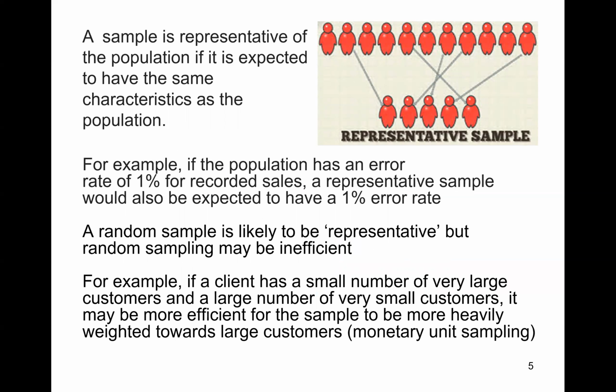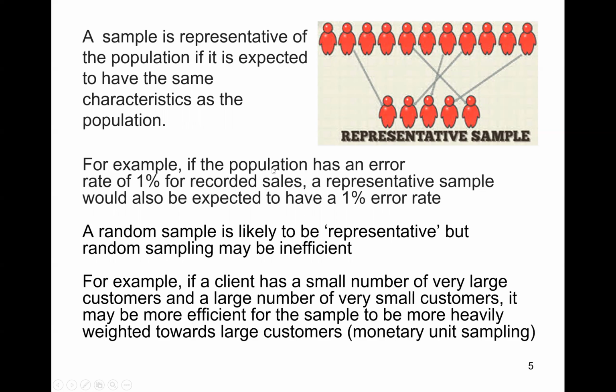Now, what do we mean by a representative sample? Well, a sample is representative of the population if it's expected to have the same characteristics as the population. You can see that here. We've got a population of individuals, and if we select them at random, for example, we end up with this representative sample, where the sample looks on average the same as the population.